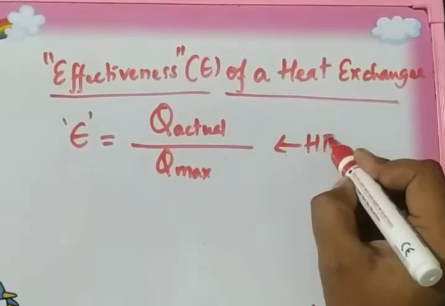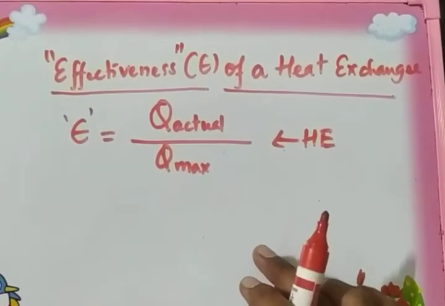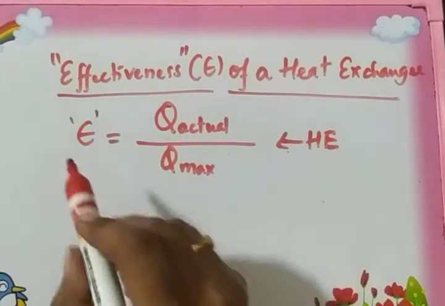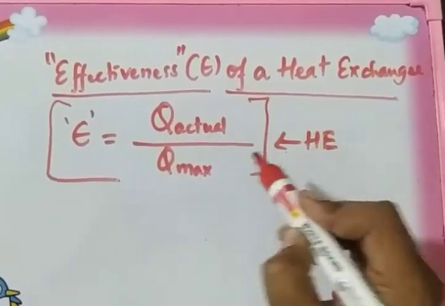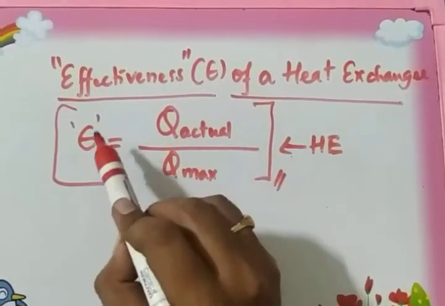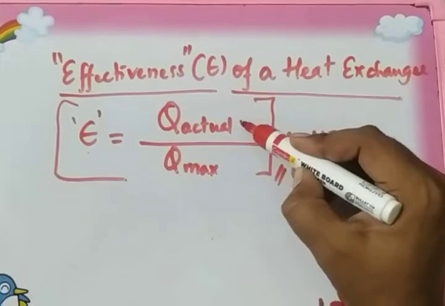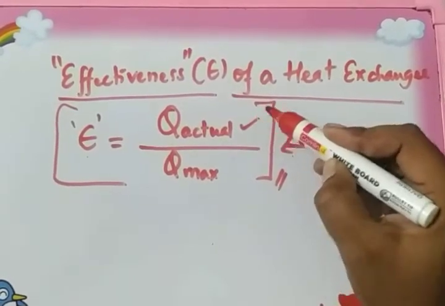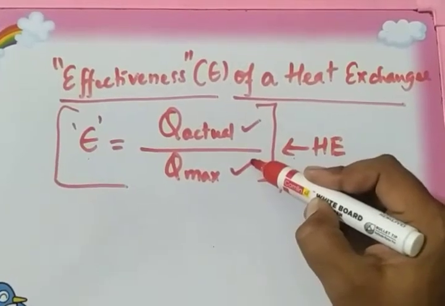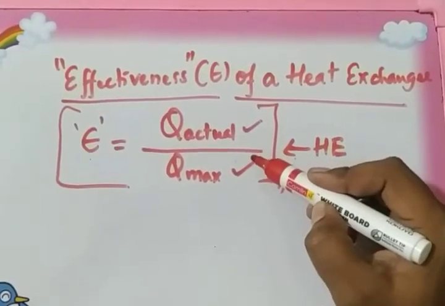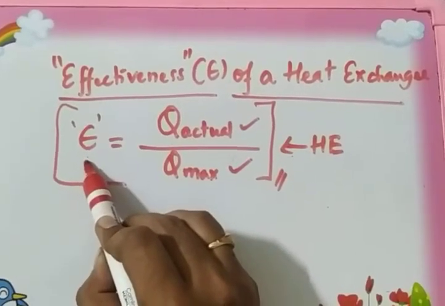That is what is called effectiveness. So the effectiveness of a heat exchanger is defined as the ratio of actual heat transfer that takes place in the heat exchanger to that of maximum possible heat transfer in the same heat exchanger. This ratio is what is called effectiveness.